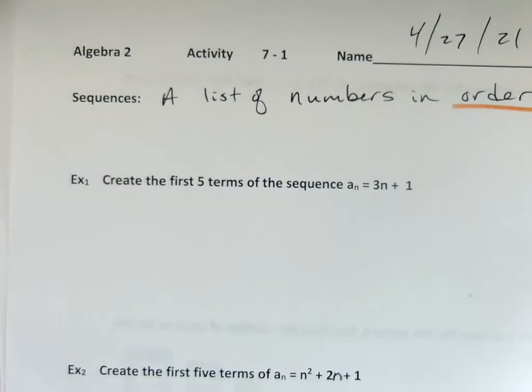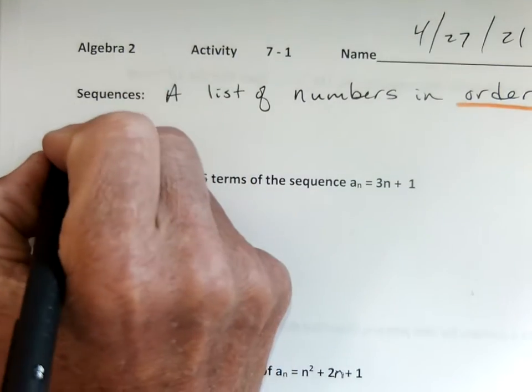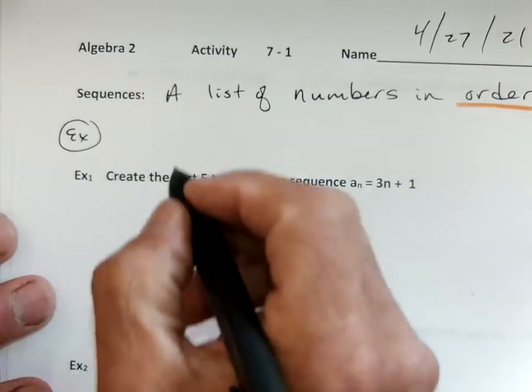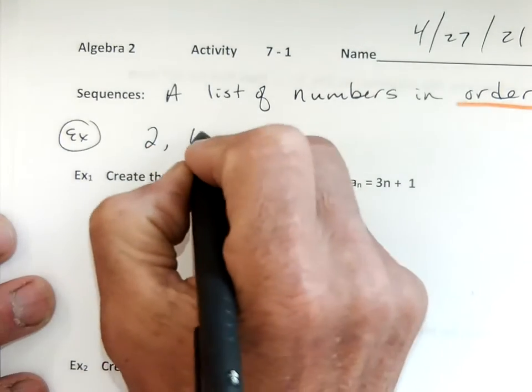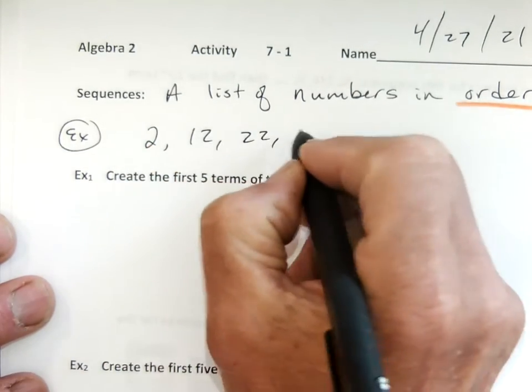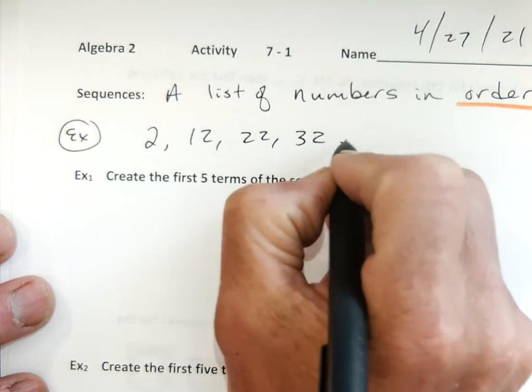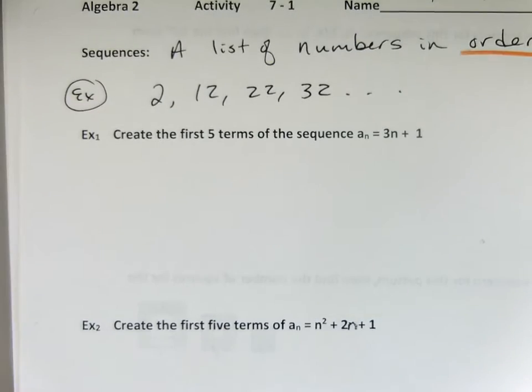Okay. So example. If I had 2 and 12 and 22 and 32... I think you can probably see that there's a definite order to that, right? Just add 10, add 10, add 10 each time.